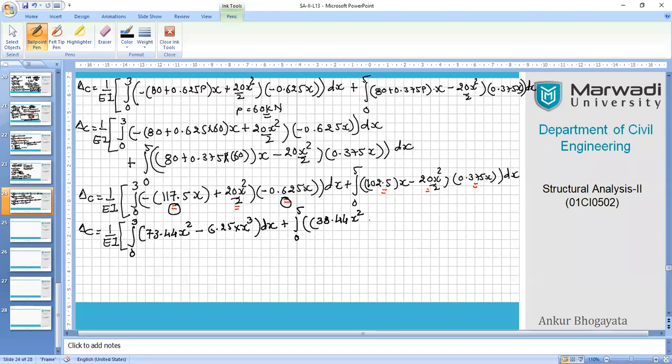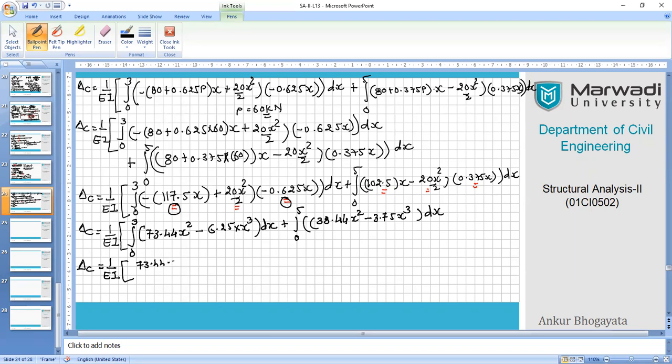Both are positive, so no change in the sign. Here again it will remain negative, but this is 20 by 2, so 10 into 0.375 gives you 3.75 x cube, right? And dx. So we have minimized all the terms to an extent, and now we are ready to calculate the numerator. Now we'll take the integration, right?